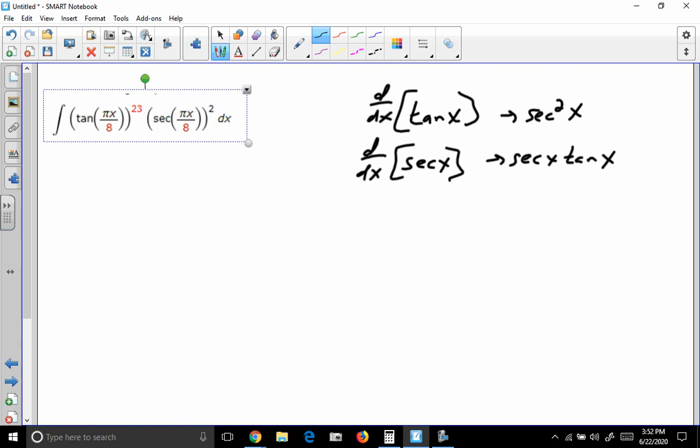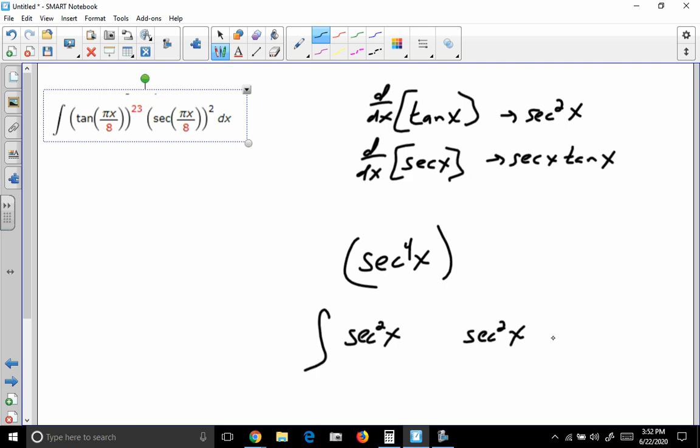So if we have an even amount of secants, so if we have, for example, a secant to the 4th, we're going to keep an even amount of secants, and then we're going to take the other secants, and the secants that we're keeping, that's going to be part of our du, and we're going to change this to tangents.